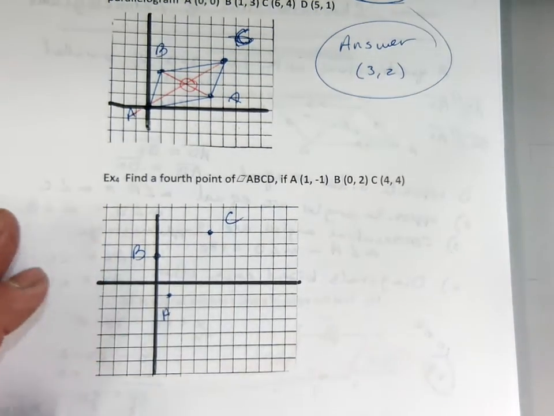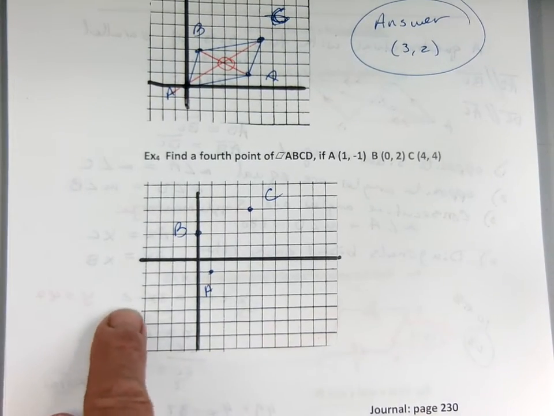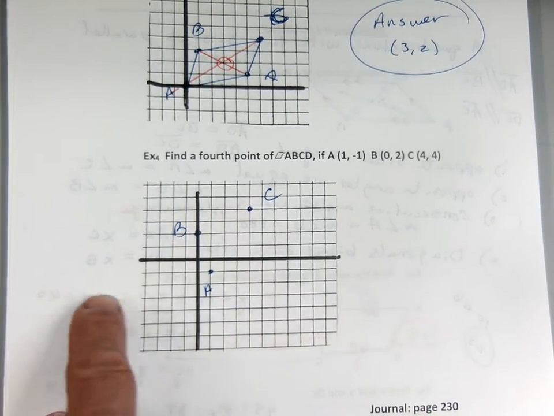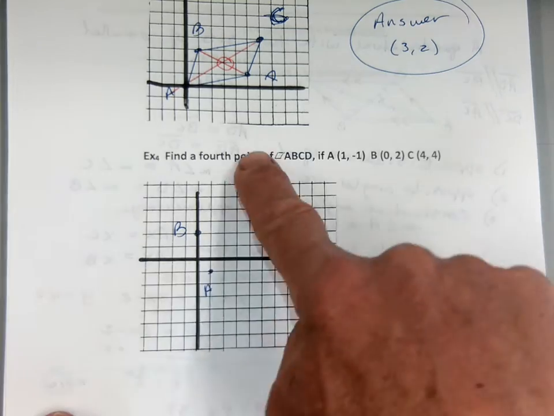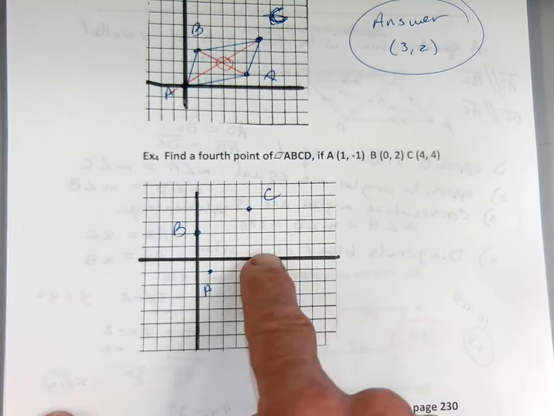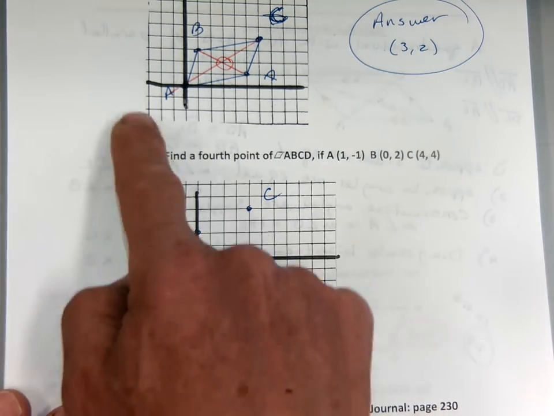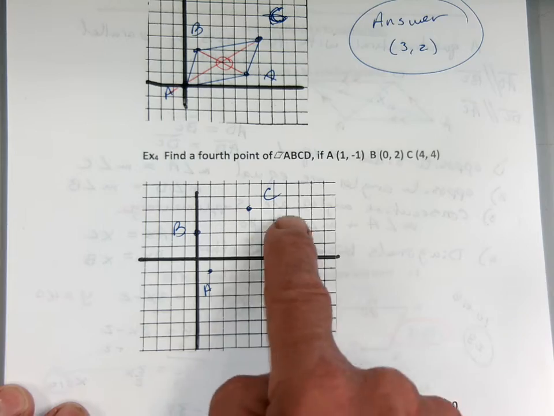There's C. Technically, there are 3 correct answers, and that might be an extra credit problem at some point in time, okay? Just giving you a hint. But technically, there could be a point way down here to make a parallelogram. Can you visualize that? There's a point way up here. And probably the easiest one is the one over here, but there are 3 possible points. So extra credit on your next quiz is to come up with all 3.